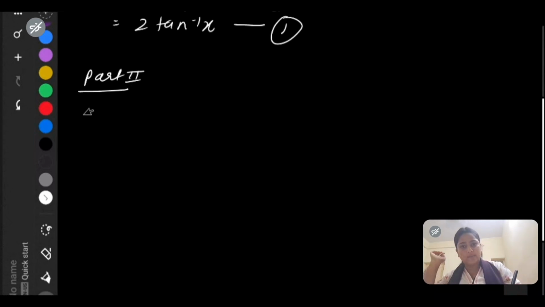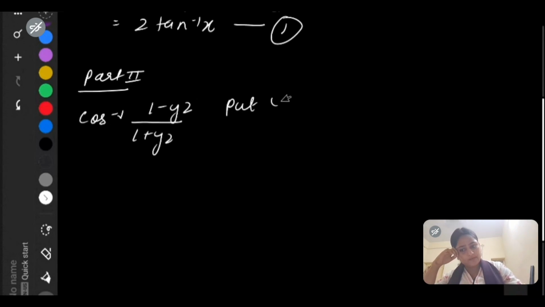Part 2 we have in the question, which is cos inverse 1 minus y square by 1 plus y square, right? So can we put y is equals to tan phi, because theta we have already taken. So we'll put tan phi, and phi is equals to tan inverse of y, right?